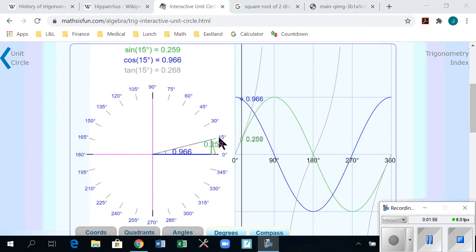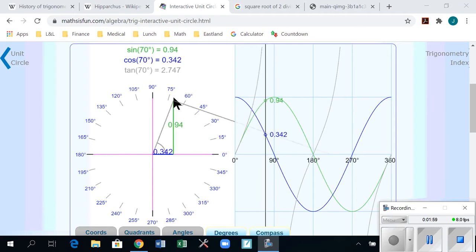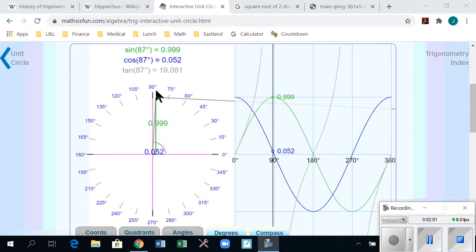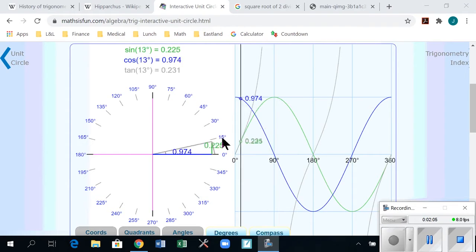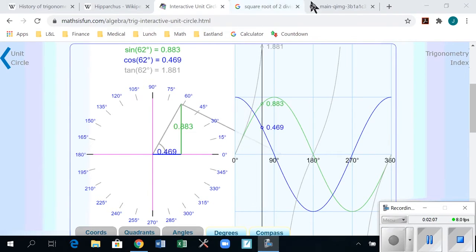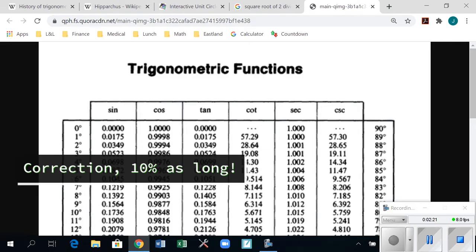How long is this green opposite leg as a percentage of the gray hypotenuse as we make the angle larger or as we make the angle shorter? Now, back in the day, all these relationships used to be put into tables like this. Where at a 6-degree angle, if our featured angle is a 6-degree angle, then the opposite leg is going to be about 1% as long as the gray hypotenuse.